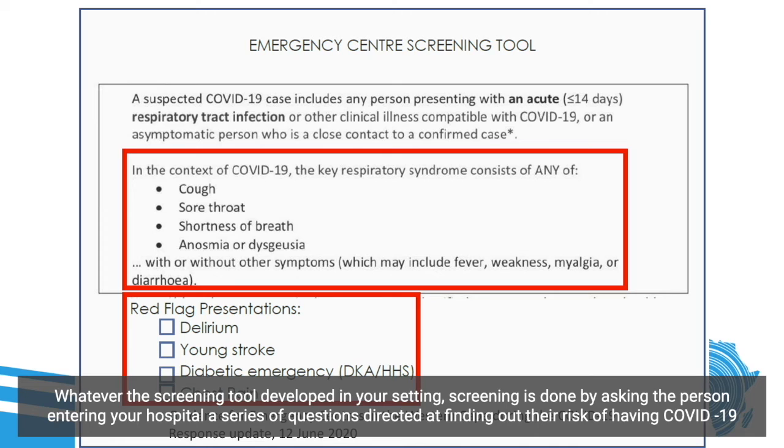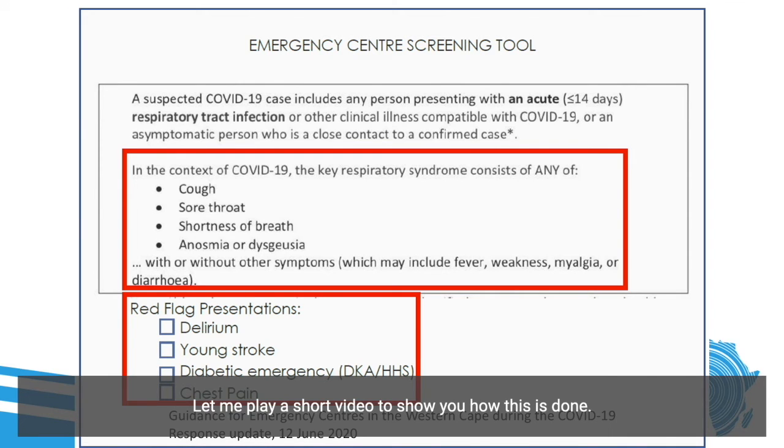Whatever the screening tool developed in your setting, screening is done by asking the person entering your hospital a series of questions directed at finding out their risk of having COVID-19. Let me play a short video to show you how this is done.